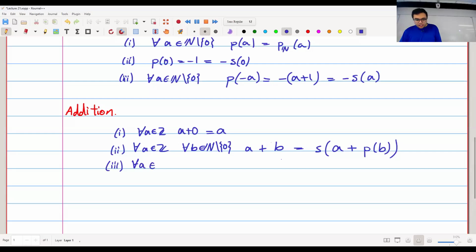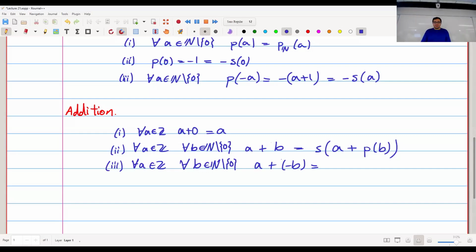So for every A in Z and for every B in N not 0, what is A plus minus B? Now here, I should not use predecessor of minus B, because this will give me a non-terminating definition, right?